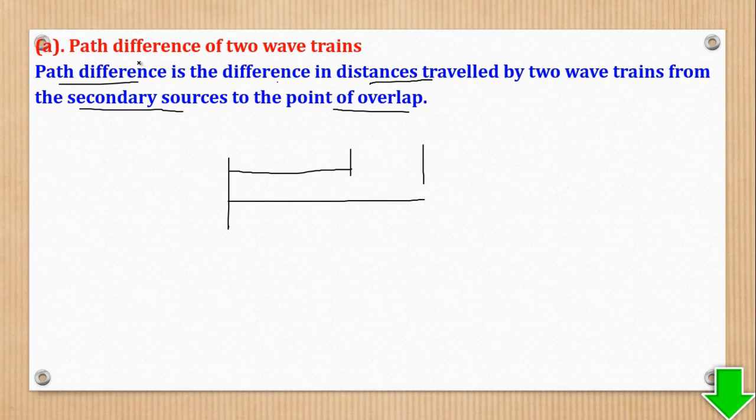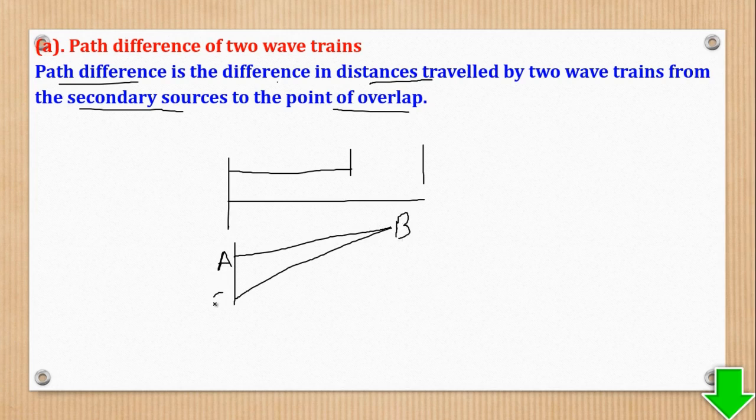But remember, we are under interference, meaning the two waves have to interfere. Therefore, if one moves from here up to here, another one moves from here up to here, this is distance AB. This is the point of interference.